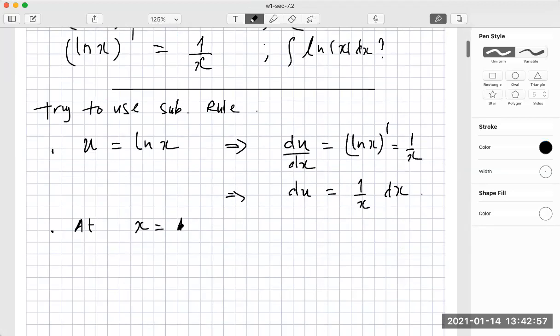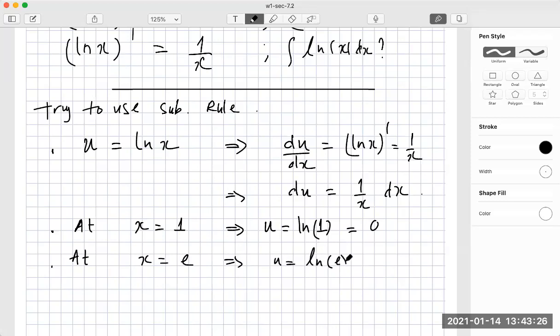At x equal to 1, what is the corresponding value for u? Very fast. Let me write it slowly. We substitute the value of x here, which is natural log of 1, and this is nothing else but 0. Very good. How about at x equal to e? Very good.